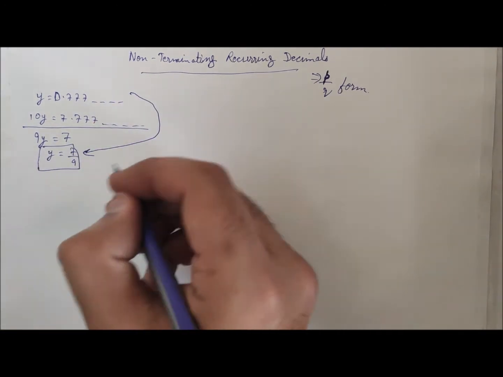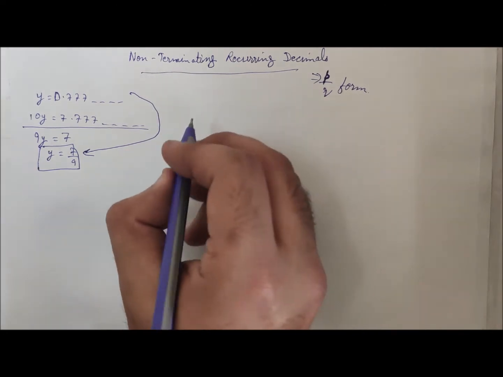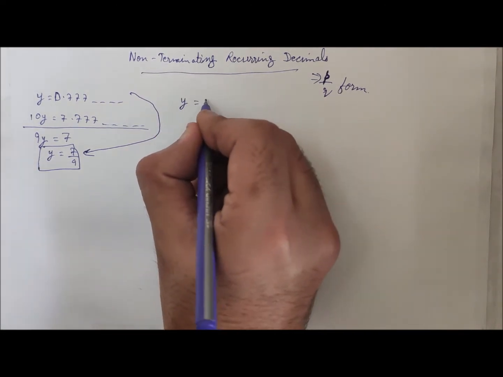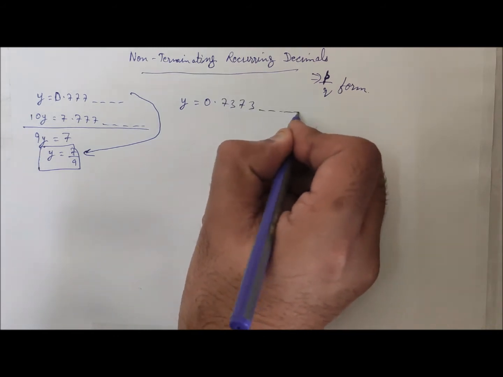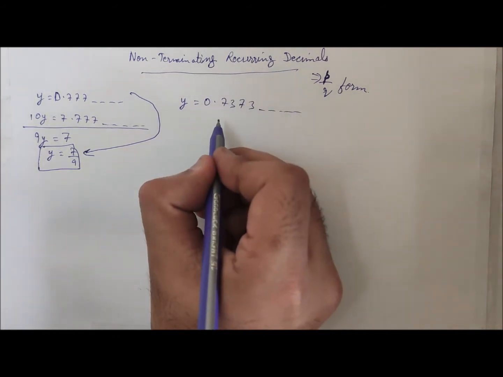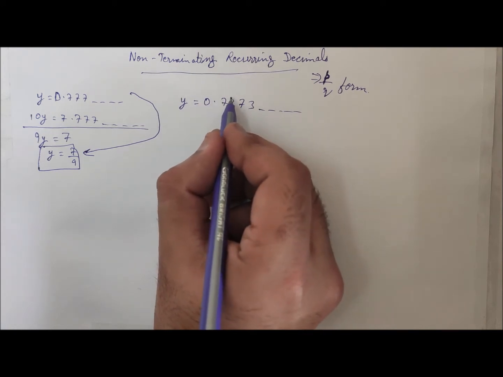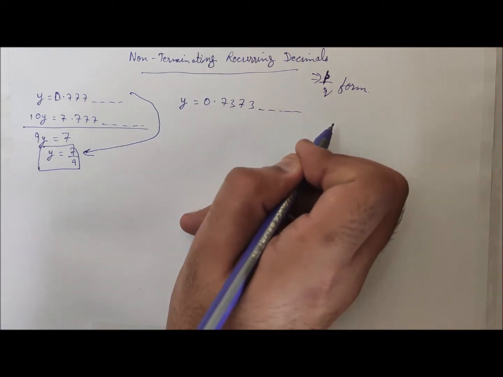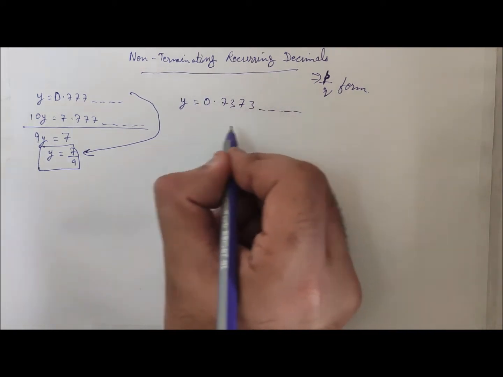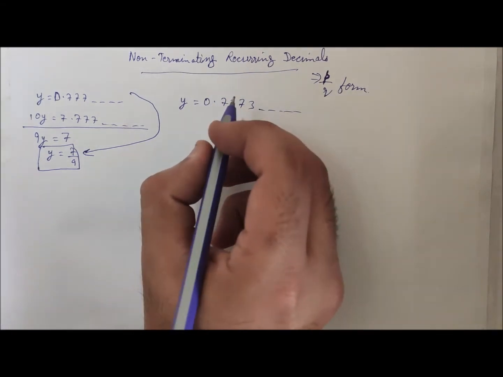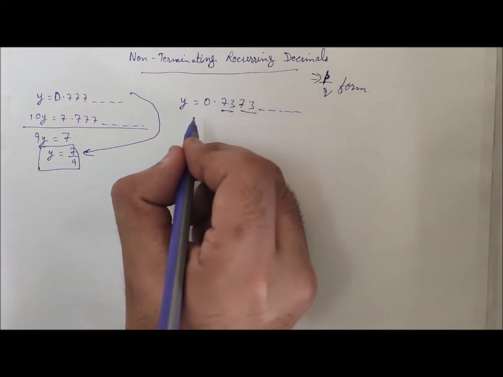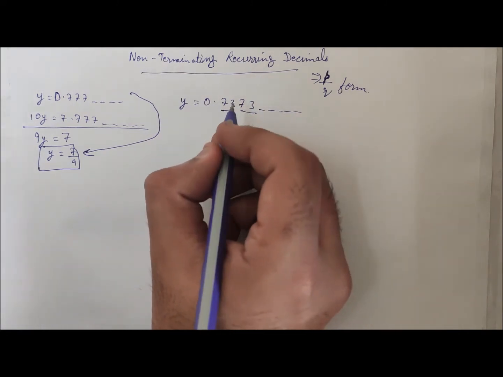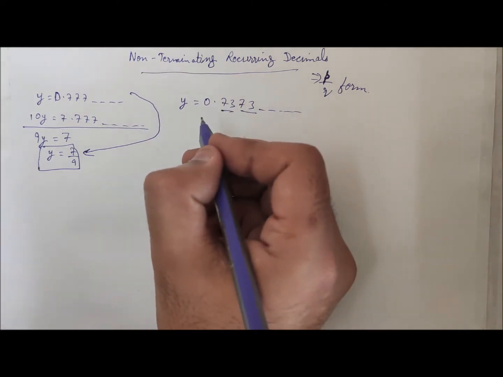Now let's begin with another example wherein I'll take, let's say, y is equal to 0.7373, which keeps on repeating itself. So now here the numbers 7, 3 are being repeated on and on. To convert such decimals into p by q form, since there are two repeating digits, we multiply with the second power of 10.